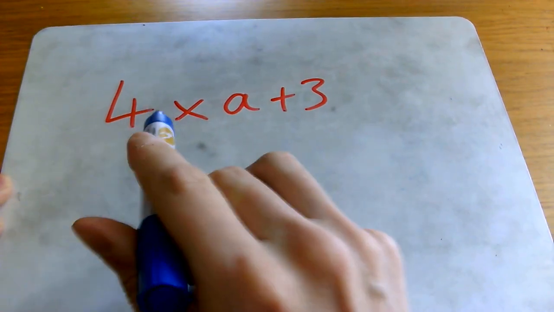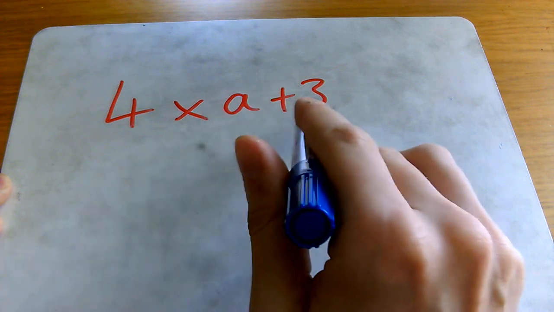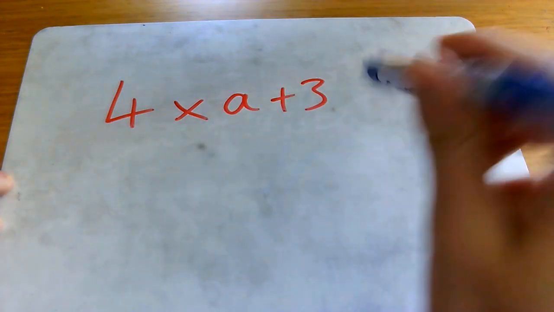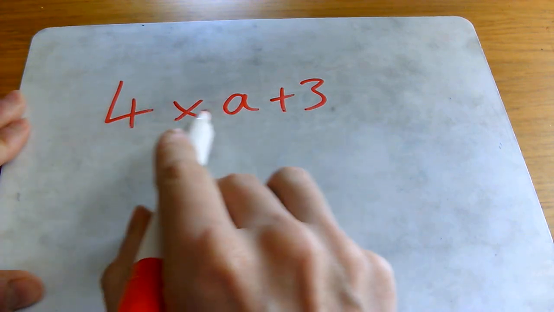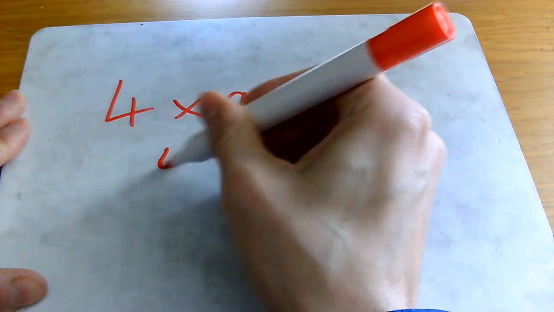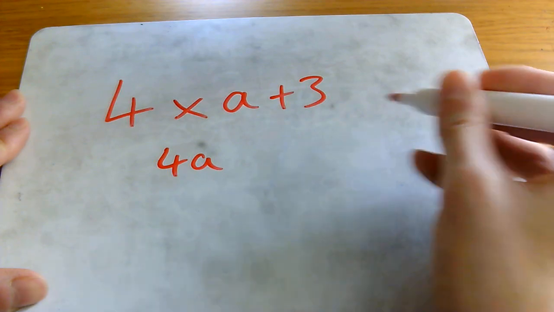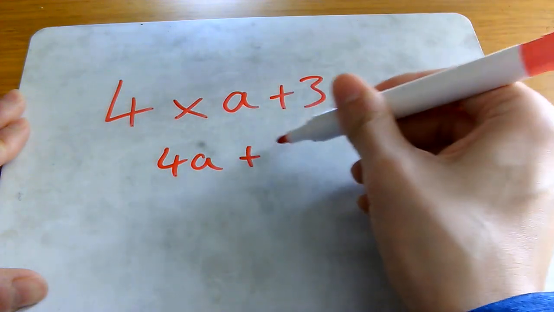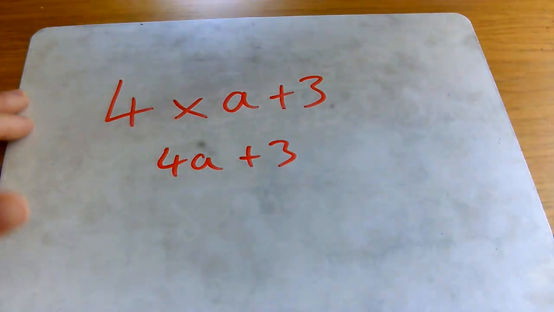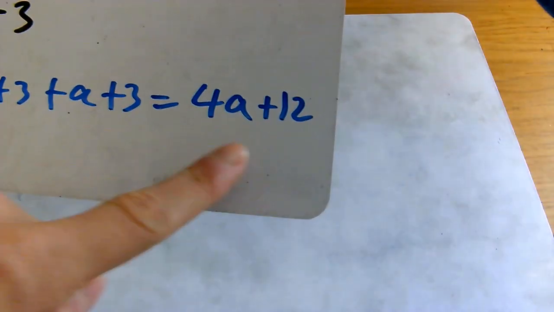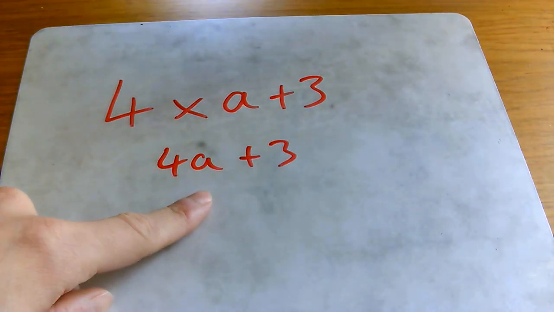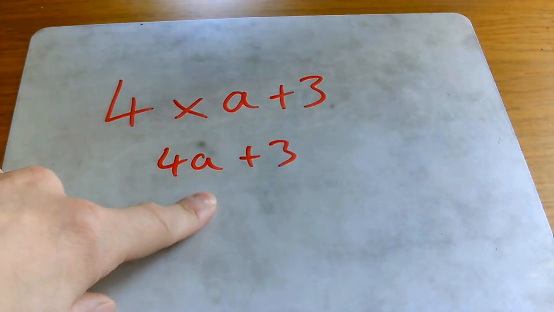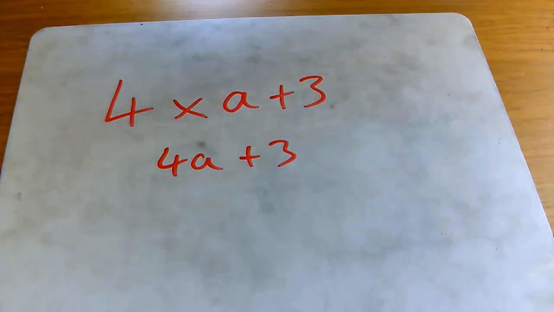So I've done 4 multiplied A plus 3, but using BIDMAS, what we do here is the multiplication first, 4 multiplied by A, which would give you 4A, and then you just plus 3 on the end. But we know that's not the right answer, because we just worked it out, and it was 4A plus 12, not 4A plus 3. That's because I've missed out a very important part here, which is the bracket.